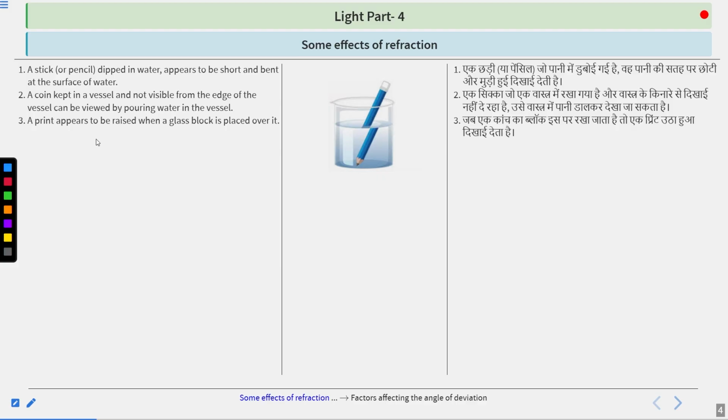If you have any paper holder that is transparent, just put a paper on the table and place that glass holder over it. You will find that the print on the paper appears at the surface, but the print is here on this paper, but it will appear at the surface because of the refraction.